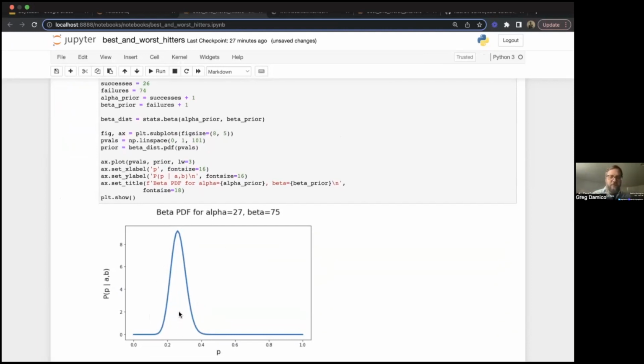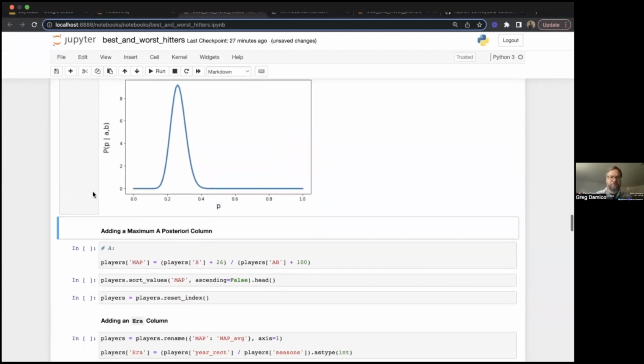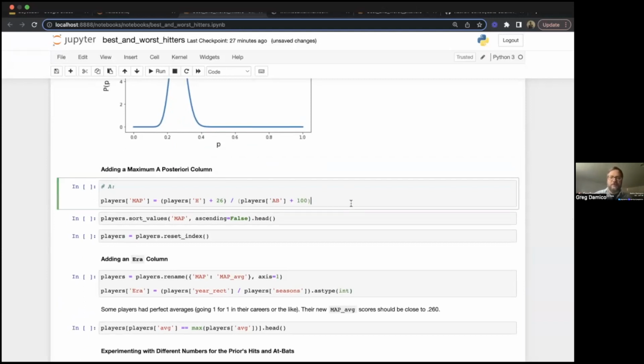Typically it's somewhere around 26%, 0.26. Does that mean a player could bat .400 for a day or for a week? Yeah, but that's not very likely. The most likely thing is that they bat about .260.